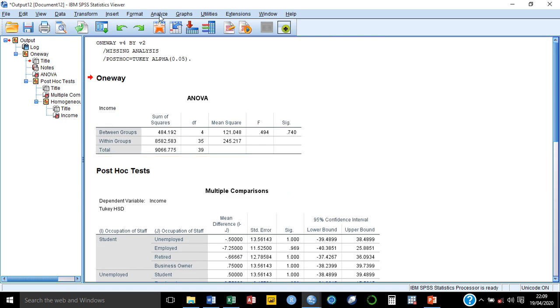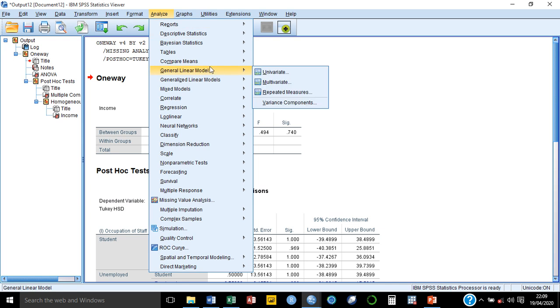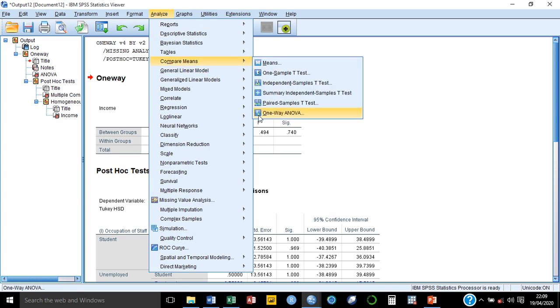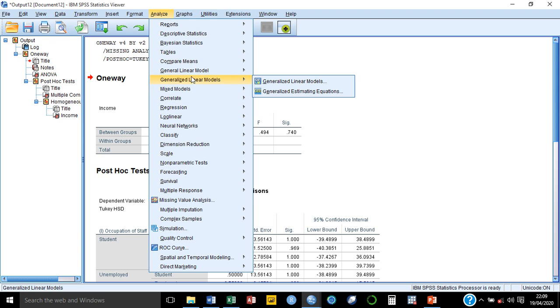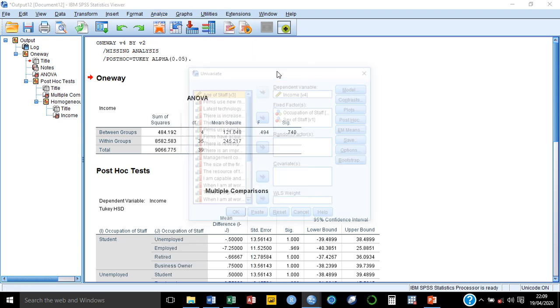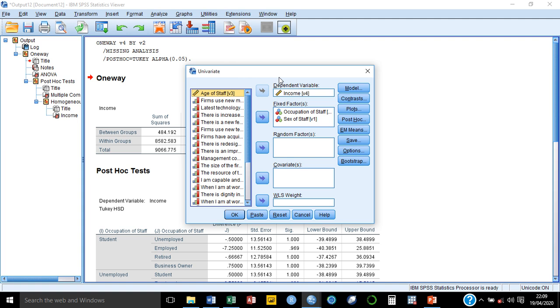For two-way and over, come back to analyze, compare means, and obviously I don't have any other. So come to general linear model, univariate. Of course, I have the income here, still the dependent variable. Then my fixed factors are the sex of staff and the occupation also.